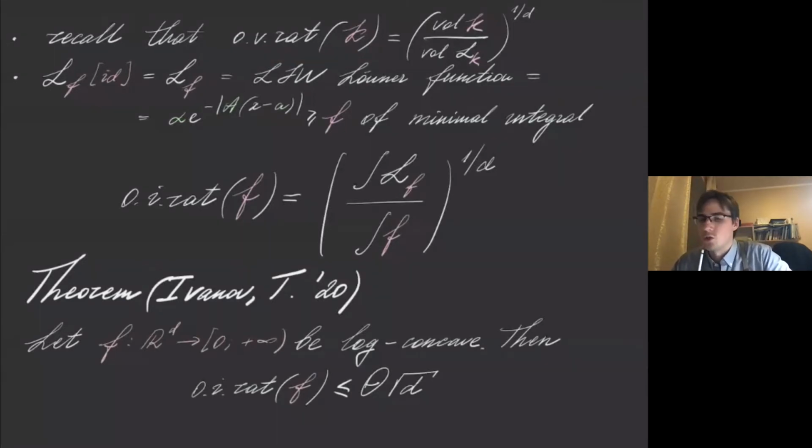It is just a generalization of the result of Franck Barthe, but in the log-concave setting. So this bound is asymptotically tight, as you can see by putting here an indicator function of the standard cross-polytope. This will give you the order of magnitude square root of dimension. Well, it's nice. It's very nice. So now I'm giving you ideas of the proofs.